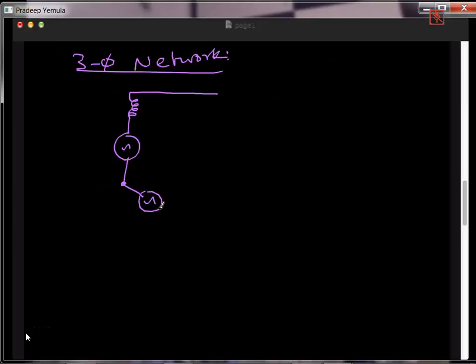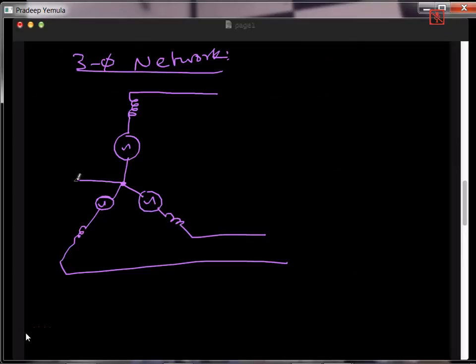There is another EMF and another impedance. There is another EMF and then another impedance. And the neutral point is connected to ground. So this neutral point impedance is Zn. This is Z source or Zs.